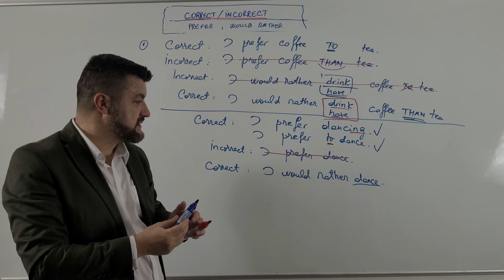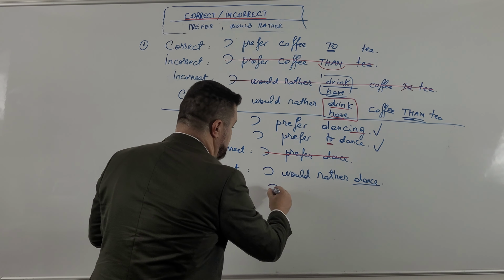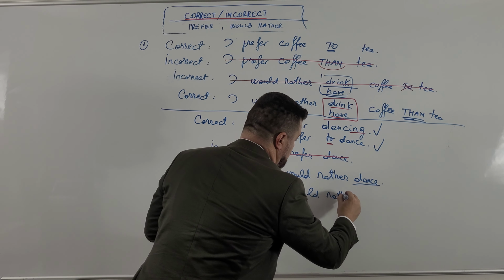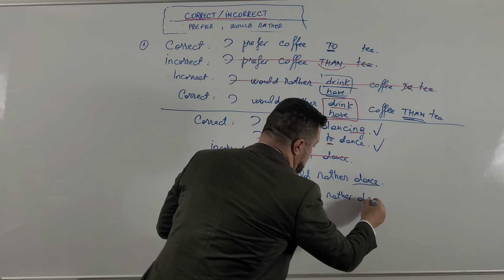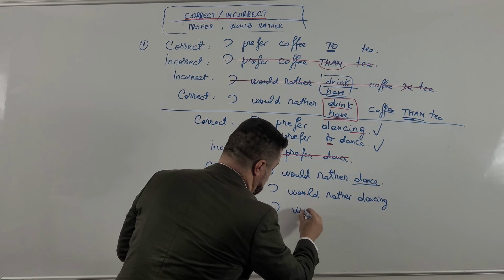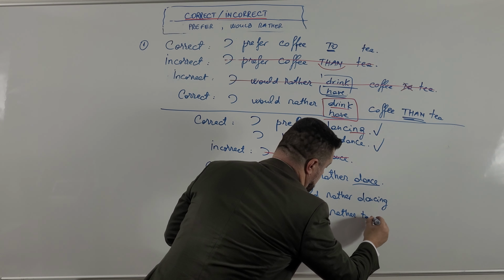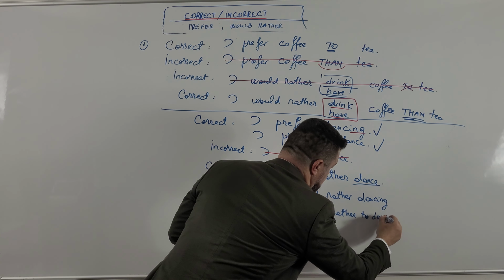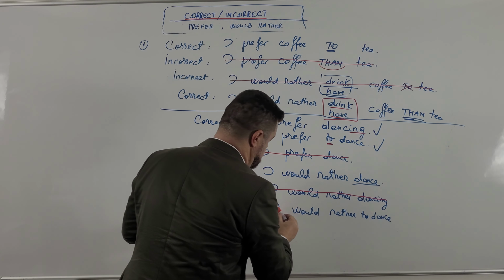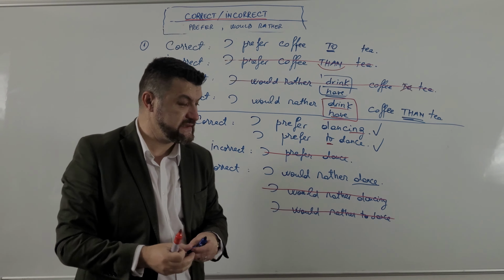So the mistakes that I could make is by saying the other two options. I would rather to dance. No way, it's wrong. I would rather dancing or I would rather to dance. These are the incorrect. Okay, let's cross them off. I would rather dancing. No. I would rather to dance. No. So we have I would rather dance.